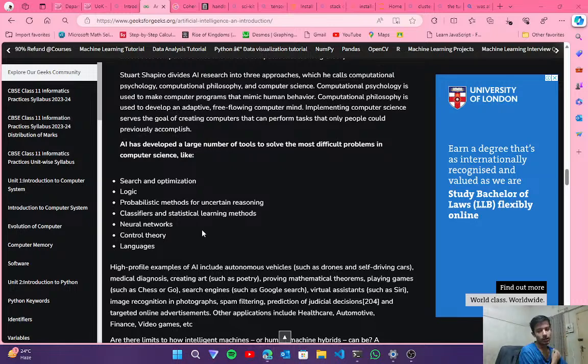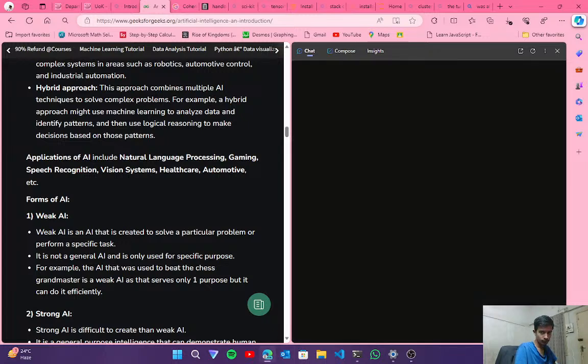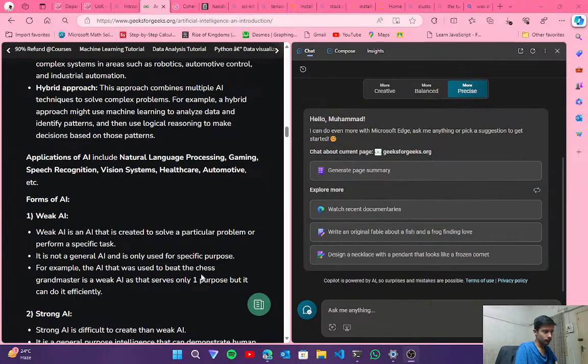Let's ask Copilot. Let's ask Bing what is the most efficient searching algorithm.